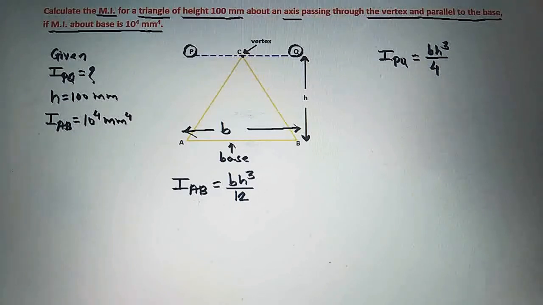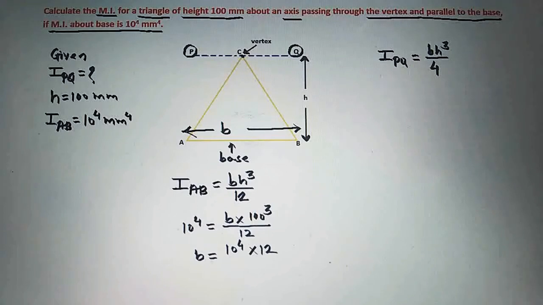So here we have the value of IAB, that is 10 raised to 4, is equal to B into H cube divided by 12, where H is 100, so it will be 100 cube divided by 12. Then we can write B is equal to 10 raised to 4 into 12, where this 12 we are cross multiplying, divided by 100 cube.